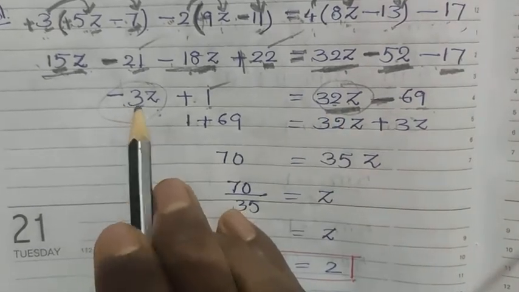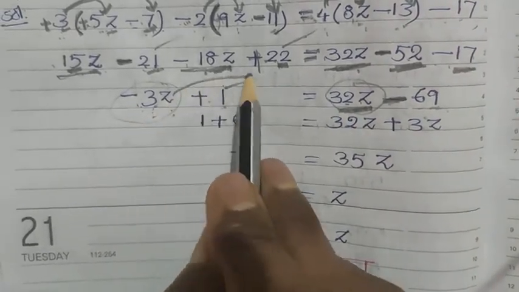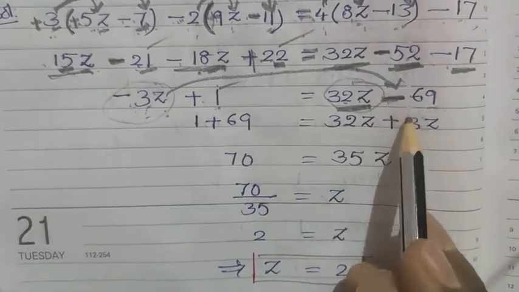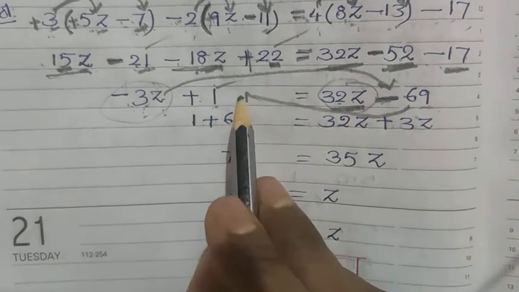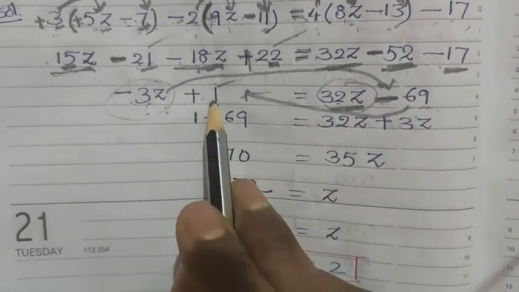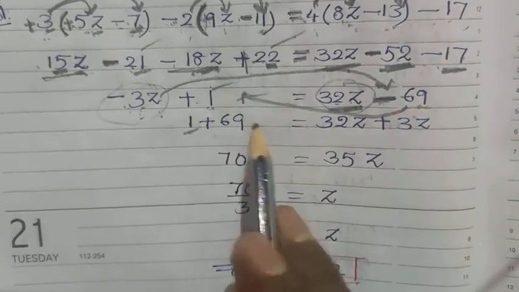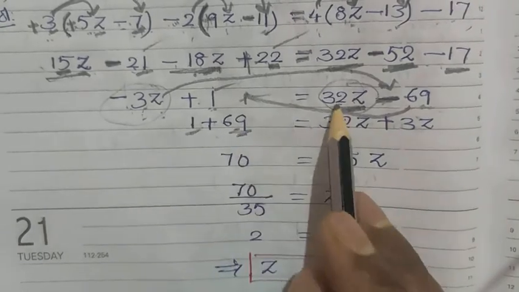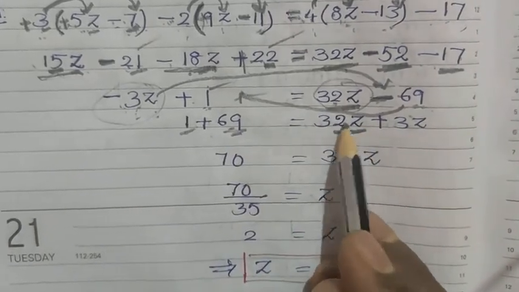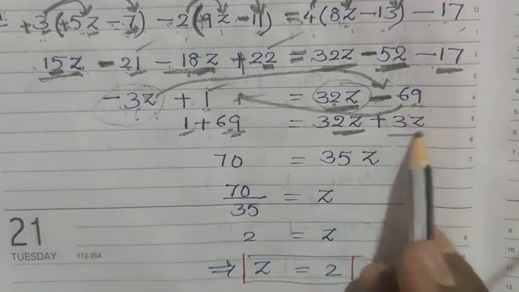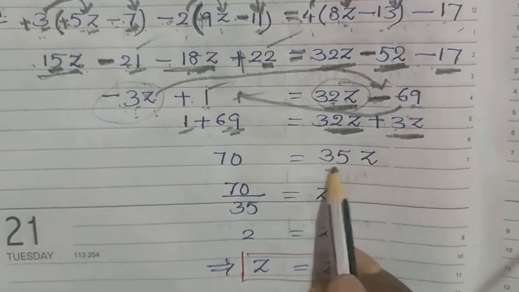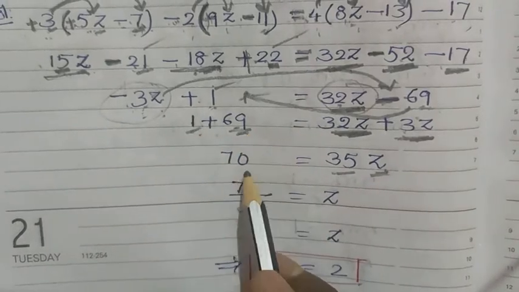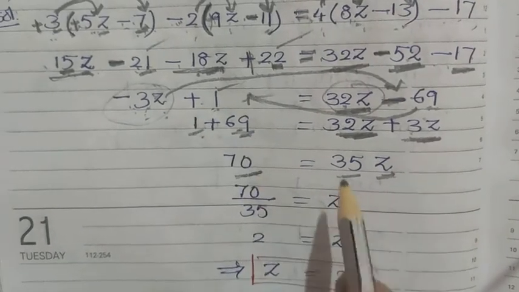And which is the smaller one? Minus 3z. The smaller one I want to transpose to this side, and this minus 69 I want to take to this side. It will become plus 69. So 1 is as usual, minus 69 will become 69. 32z is 32z only. Minus 3z will become plus 3z. 32z plus 3z, 32 plus 3 is 35z. 1 plus 69 is 70.